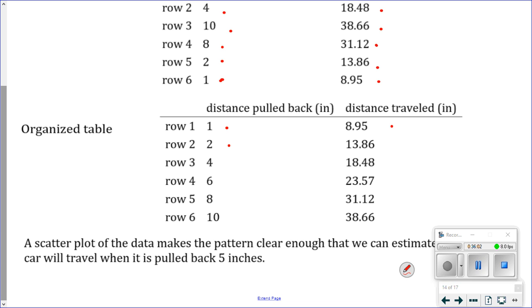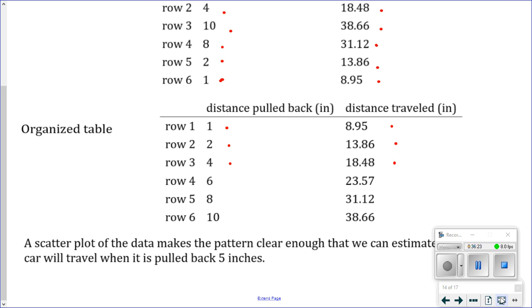If I pull back 2, my car is going to travel 13.86. If I pull back 4 inches, my car is going to travel 18.48. So as we can see, when the data is reorganized, the further I pull back the string, the further the car is going to travel, right? So reorganizing that data clearly helps us see that.